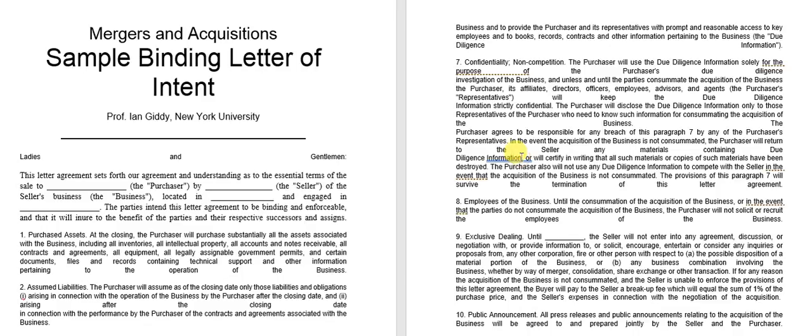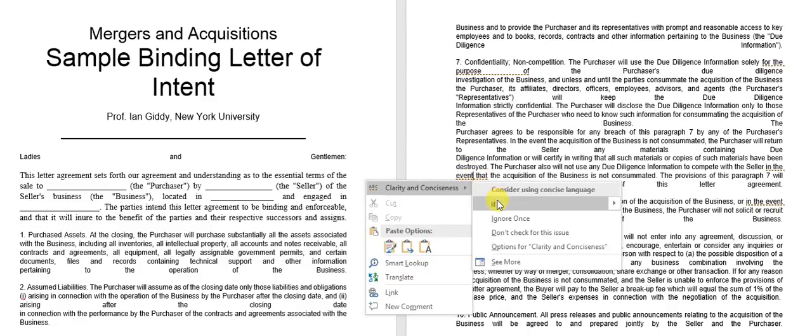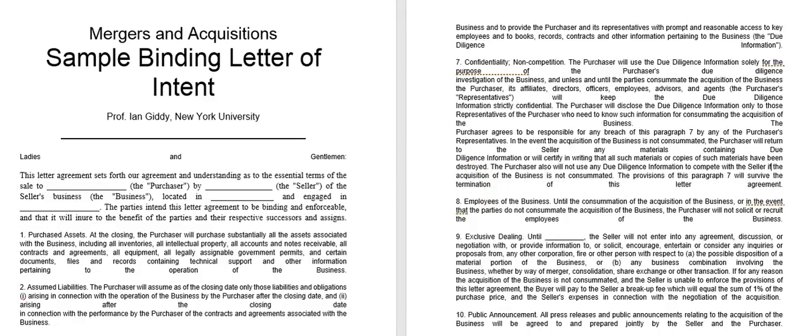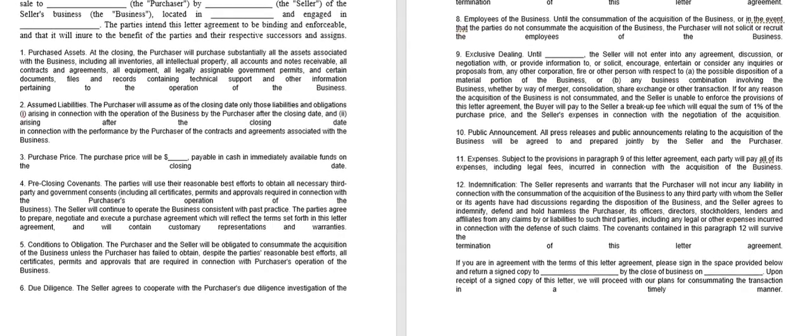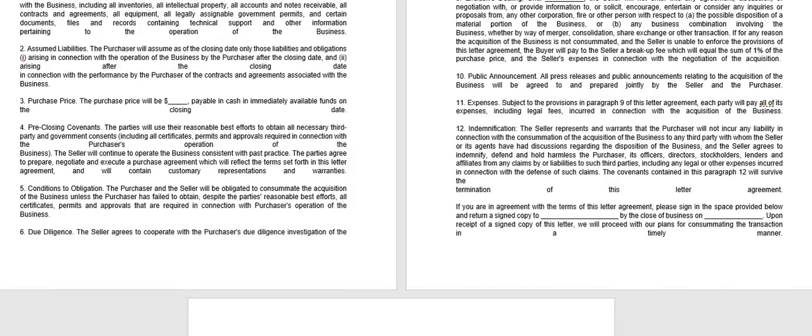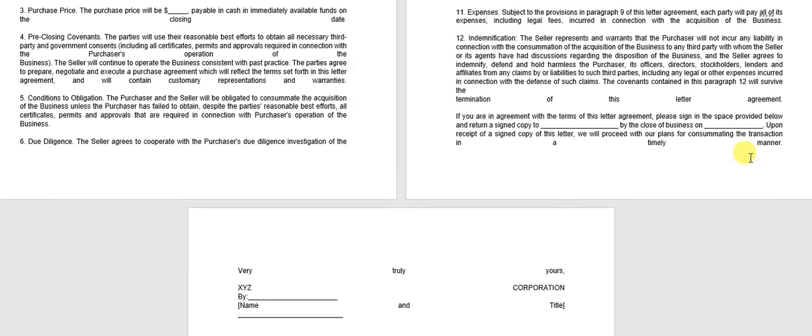Word is already doing exactly what I would do, and that would be to take out some of these extra words. Just make sure that it reads clear and concise. Make it easy to follow. Take out a lot of these extra spaces right there.